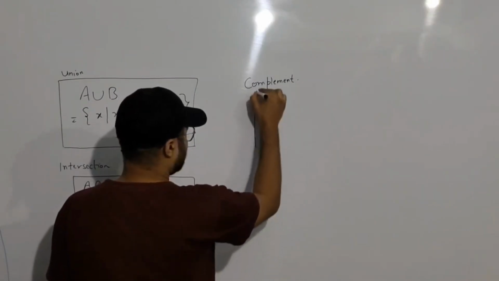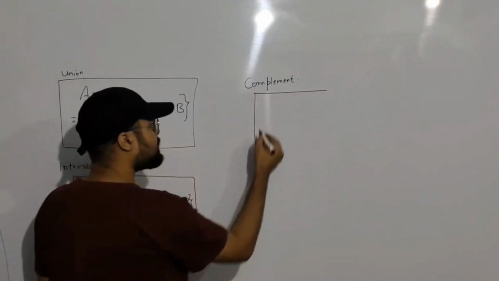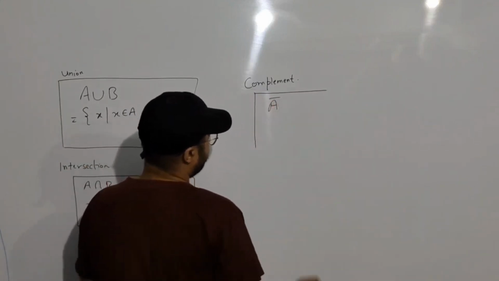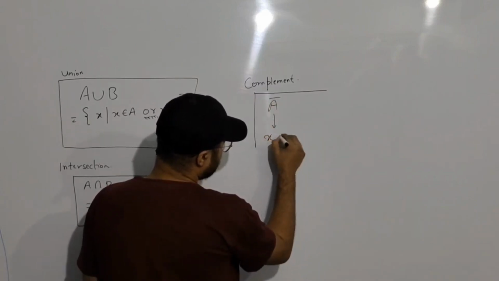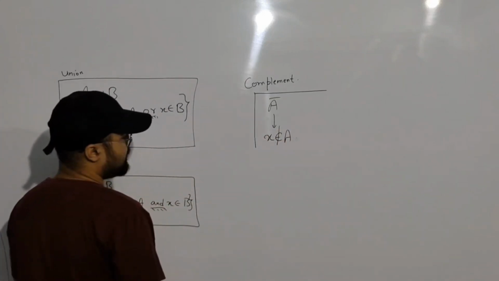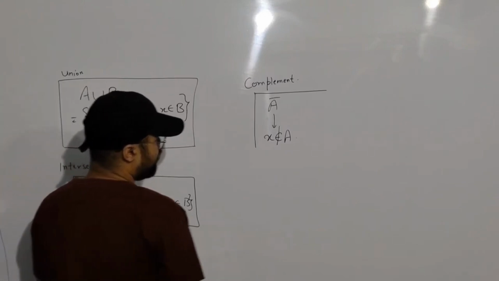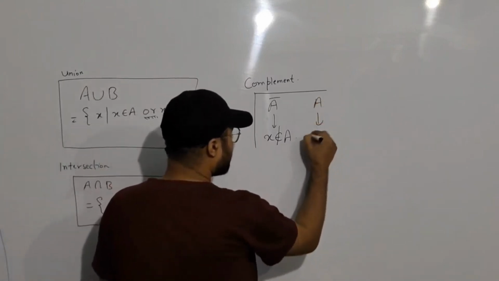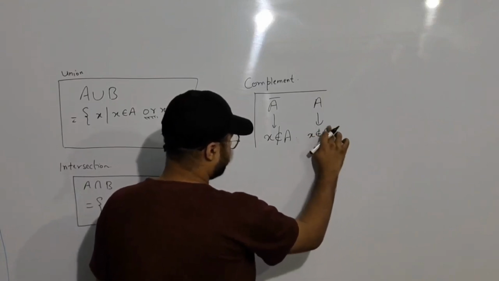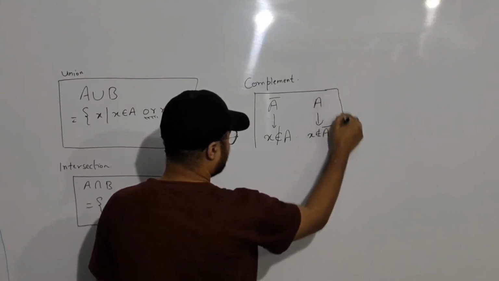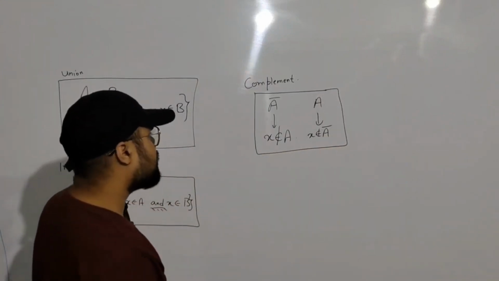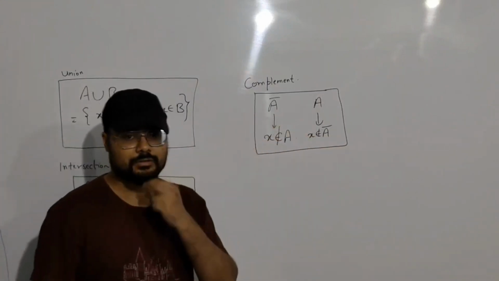Complement. A complement means X does not belong to A. And similarly, X does not belong to A complement means X belongs to A. That's why complement and the set are partitions of the universal set.